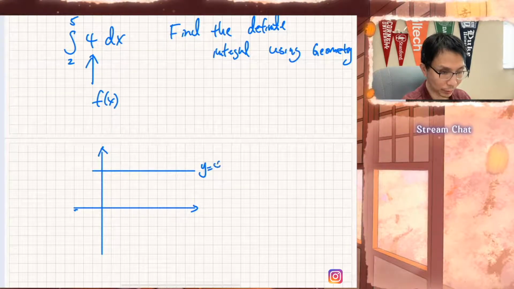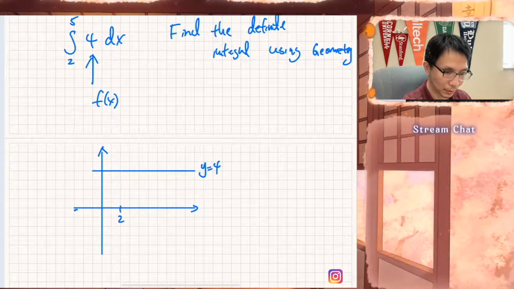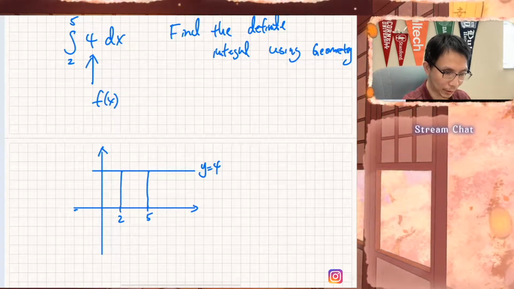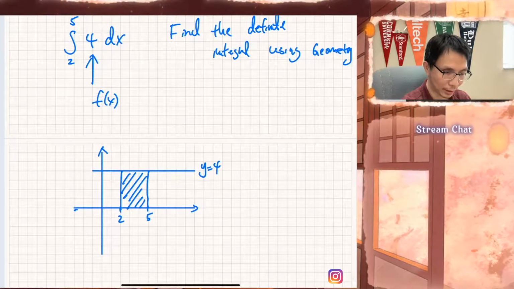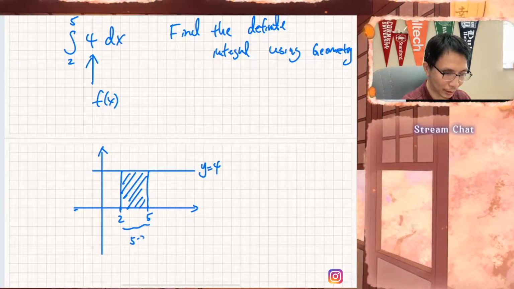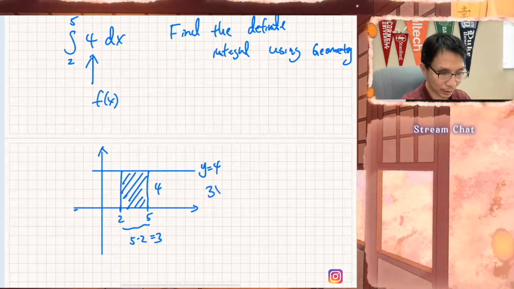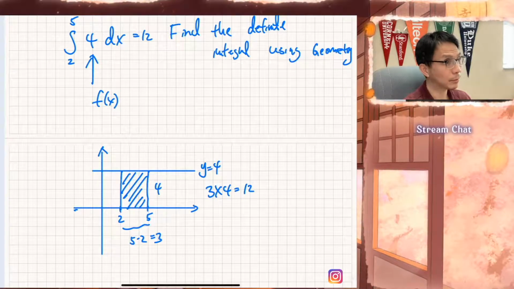This is why you go to 4. Does that make sense? And between 2 to 5, basically just count up how many rectangles, how much area under the curve. Here it's 5 minus 2, which is 3. The height is 4, so it'd be 3 times 4 is equal to 12. So this is equal to 12.